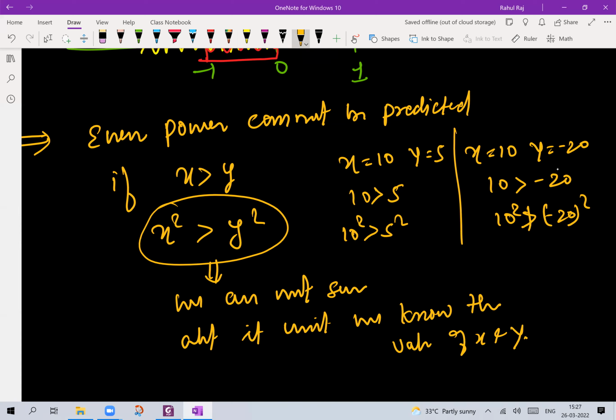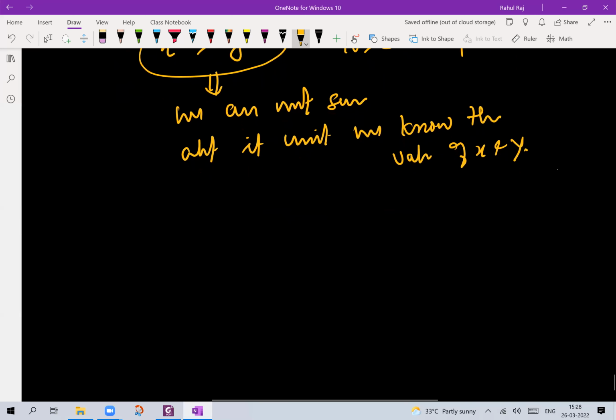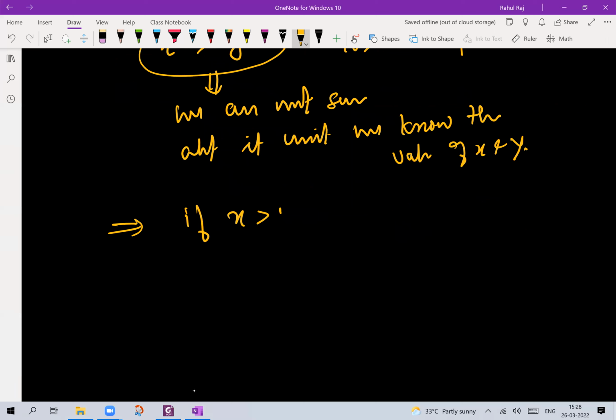But when we make a statement, even powers cannot be predicted, it's a very harsh statement. Imagine if I say, if x is greater than y square, can I say x is greater than y or x is less than y? Right now we have made a statement that even powers cannot be predicted. So this is again an even power. If x is greater than y square, x can actually be greater than y as well, x can be less than y as well. Think about it.